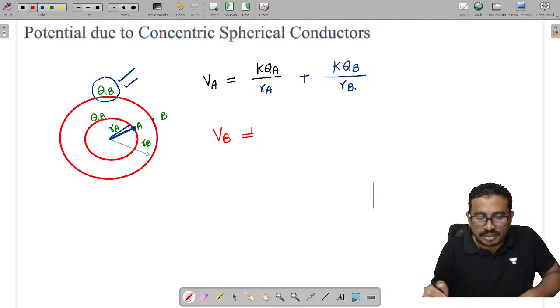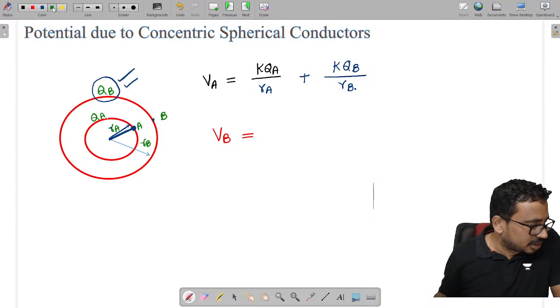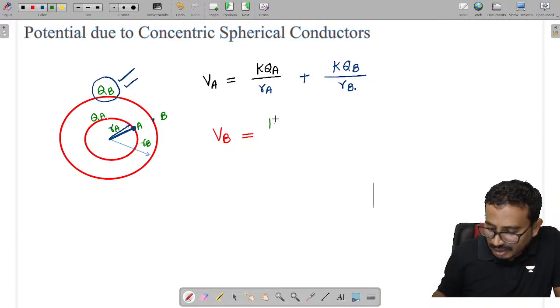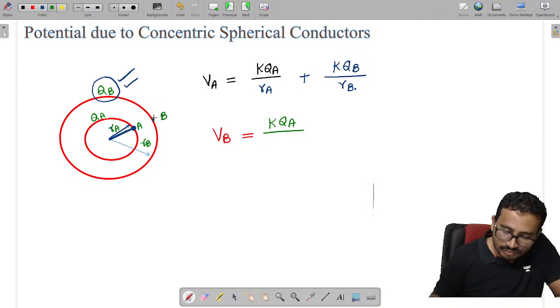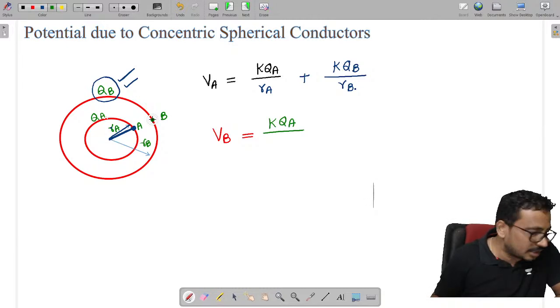Now tell me, for the first charge, the potential I can write as KQA by what? I want to find the potential at this point B, and from here to here this is nothing but the radius of the second sphere, B. Which is the greater value?